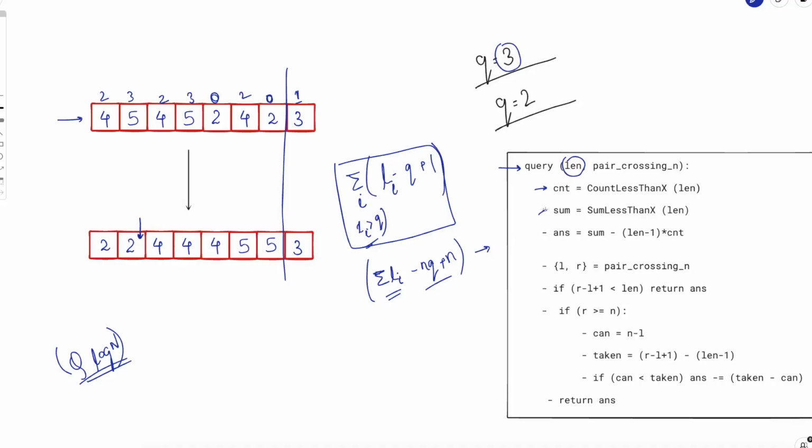What is the sum of all the elements after the current index, right? It should be greater than instead of less than. Sorry for that. Now after that, this is how your value would be, which is n minus 1 multiplied by q, similar to that.